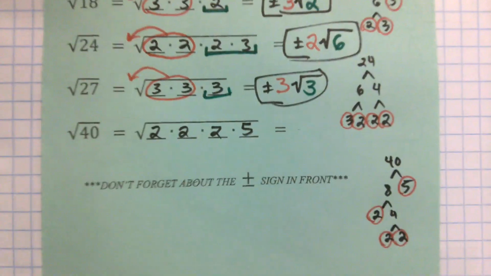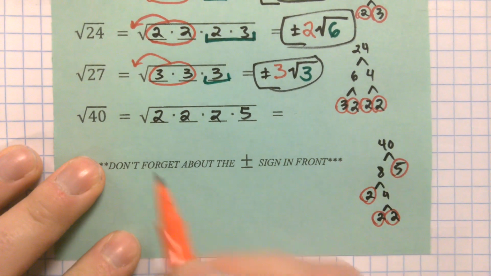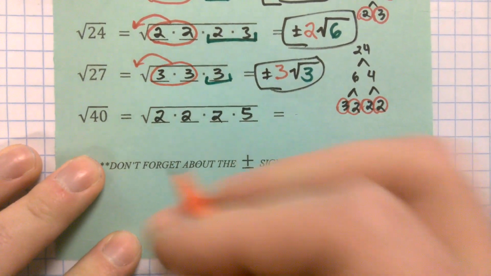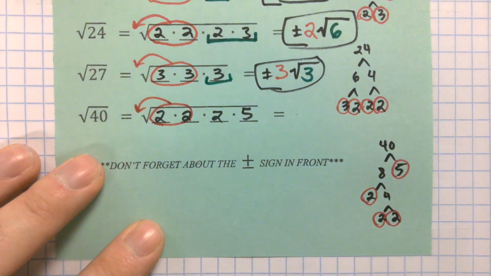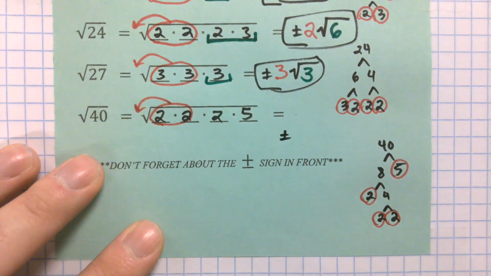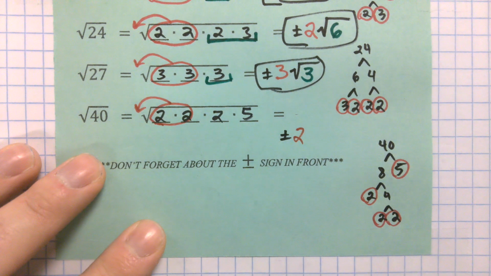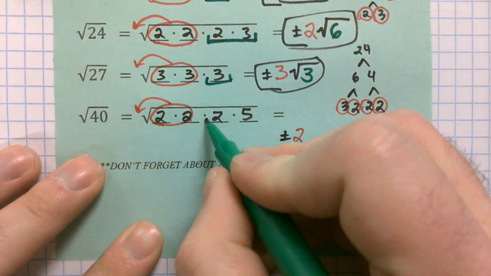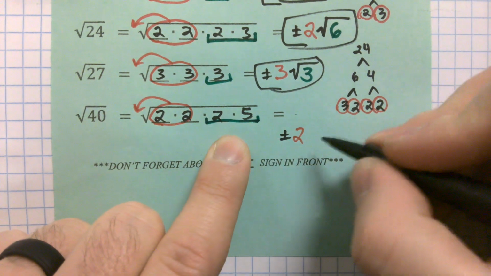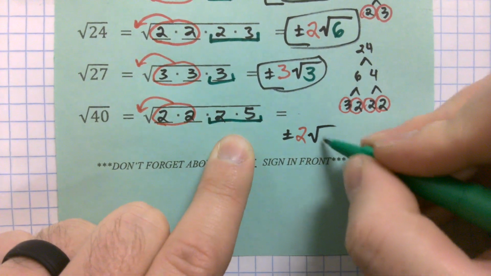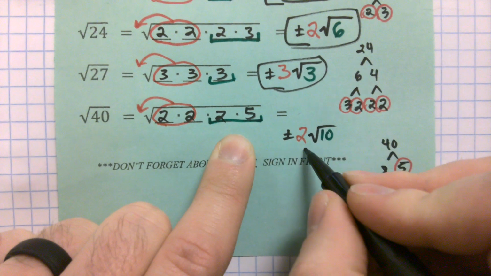You got it. I just didn't want to go too quick. Any pairs here? Pair of 2s. Get brought out. What's left behind though? 2 times 5, good, which gives me 10. That's right.